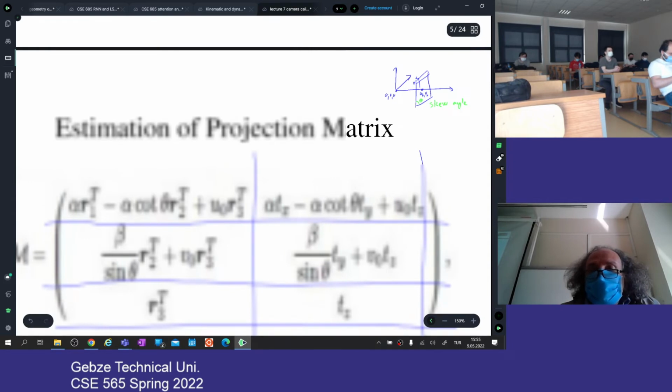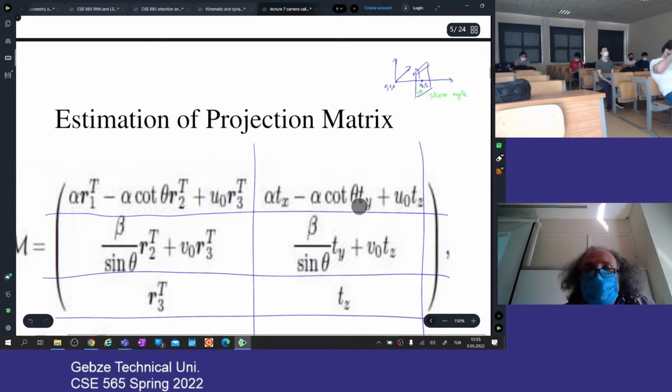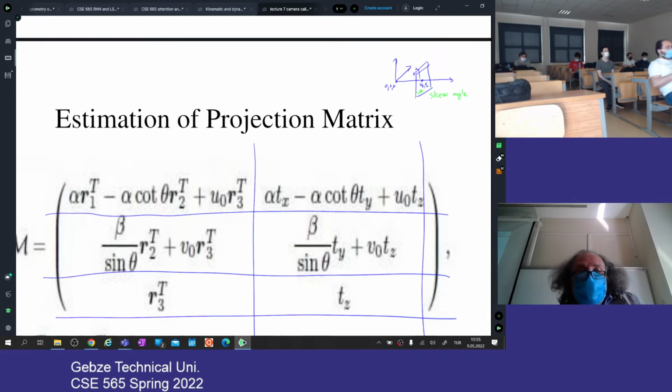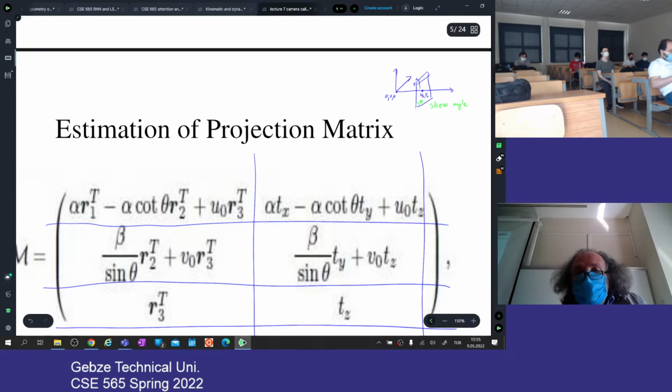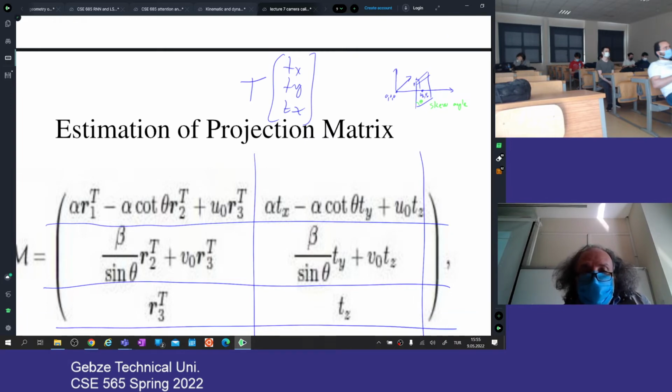What else? We talked about alpha, beta, theta. Tx, ty, tz are our translation vector between the camera coordinate system and the real world coordinate system. So tx, ty, and tz make the vector t. We talked about those.